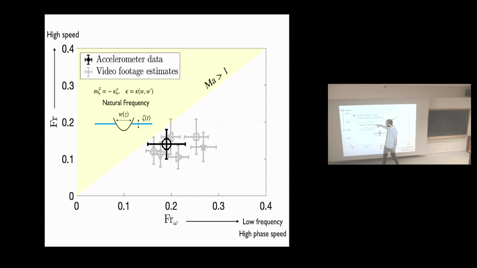So your spring constant depends on the boat shape and its derivative. And so really, the frequency that you can bounce at is probably just a function of the shape of the boat. So it's not clear that this is optimum. It might just be what's possible, if you see what I'm saying. Okay, so that's the idea.